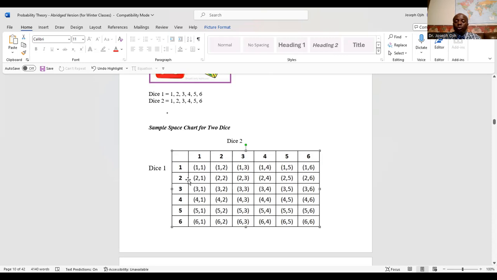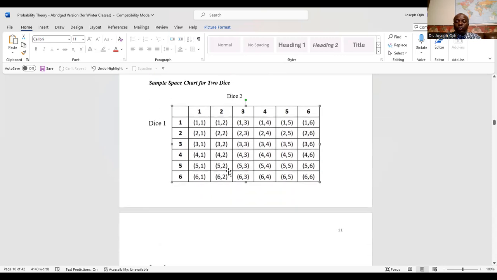Or you may have 2 showing on the first dice and 1 on the second dice. That will give us 2, 1. Or you might have 2 on the first dice and 2 on the second dice. That means 2, 2. Or 2 on the first dice and 3 on the second dice, giving us 2, 3. Following that method, we get 2, 4, 2, 5, 2, 6, and the rest of them.